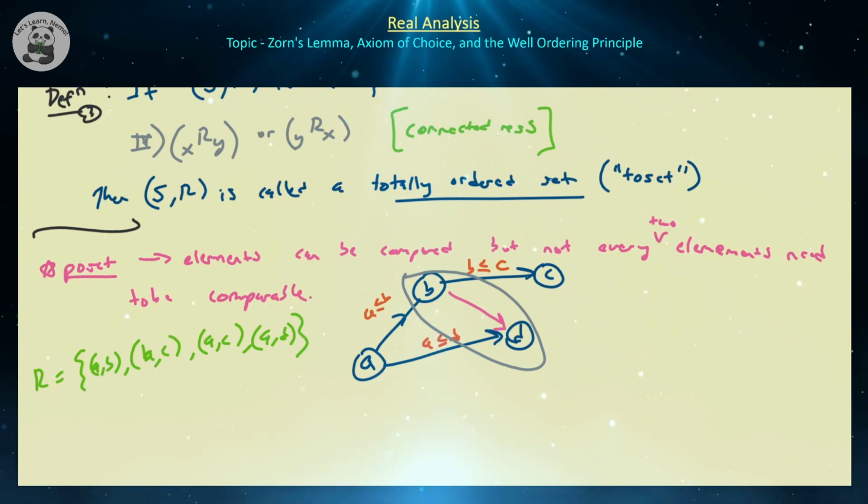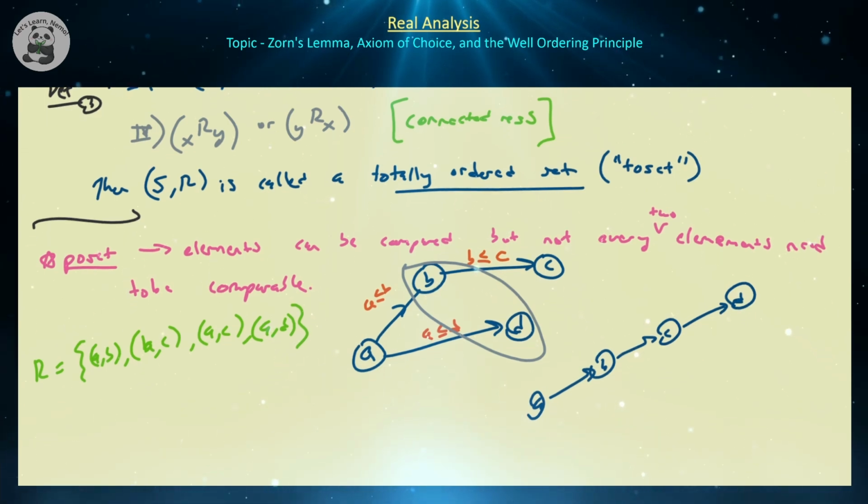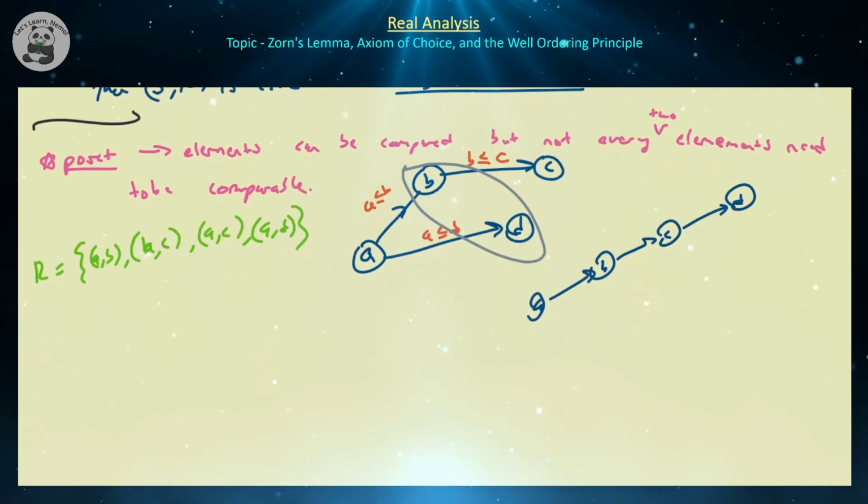Actually, I'll let you investigate that on your own. So that's pretty much what a partially ordered set is, and a totally ordered set is where we can actually compare any two elements to each other. So in some sense you would have just this A, B, C, D type of thing. Some people also call this a chain. So let's actually define that.